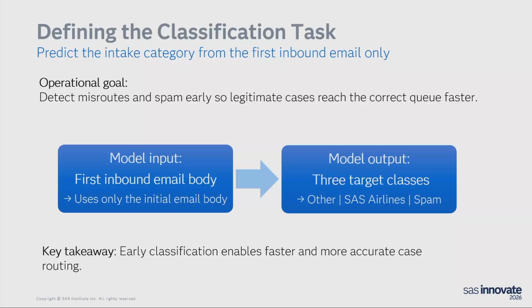This is really about early decision making. Can we detect misroutes and spam early so the real customer cases get routed correctly, faster? And this early step is where the operational value really begins.